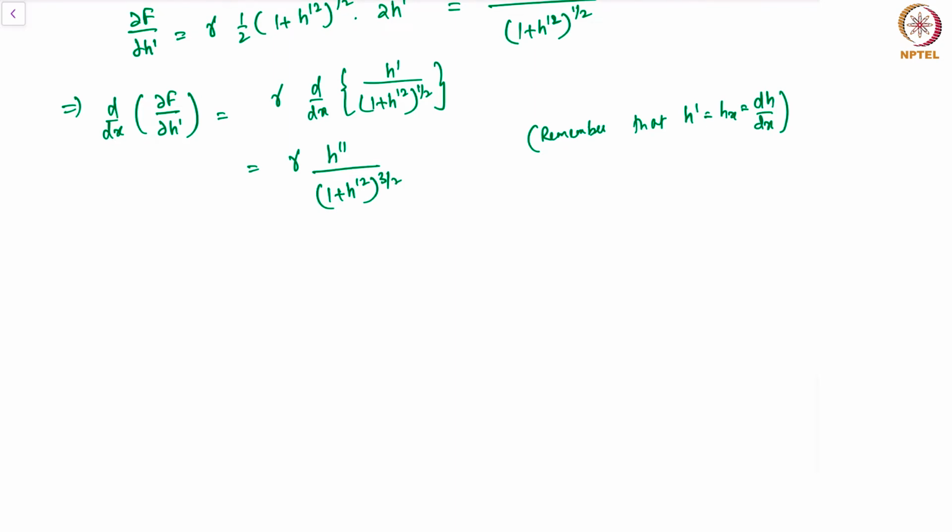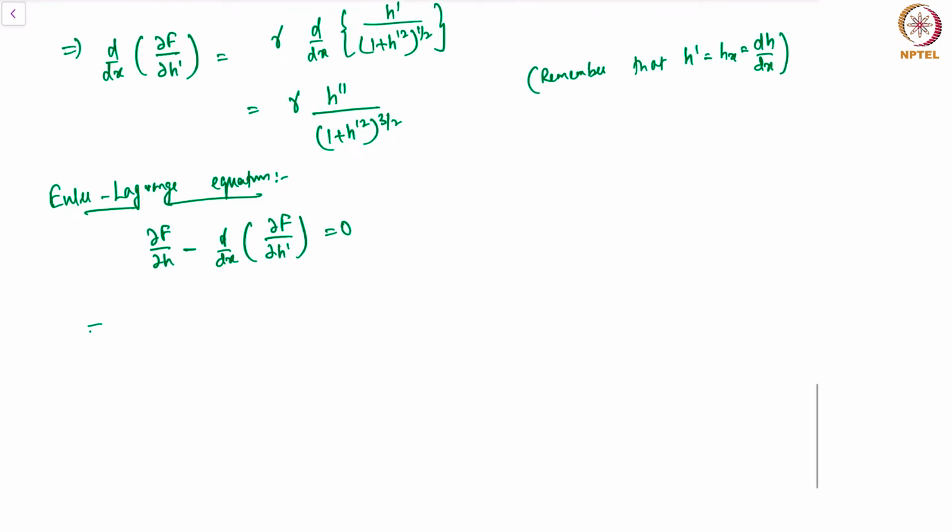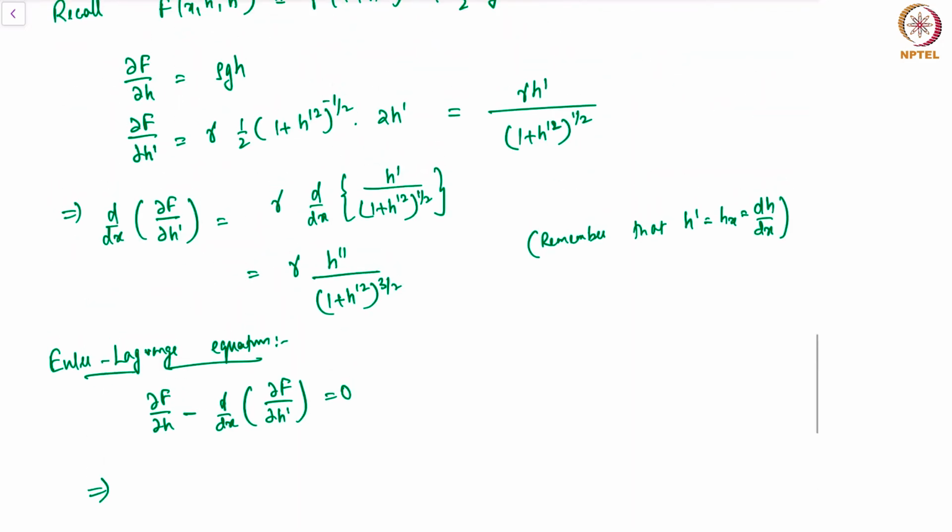So now let's put in the Euler-Lagrange equation. What does it say? It says that del f by del h minus d by dx of del f by del h prime is 0. This is what we said. And this simply reduces to: what is del f by del h?